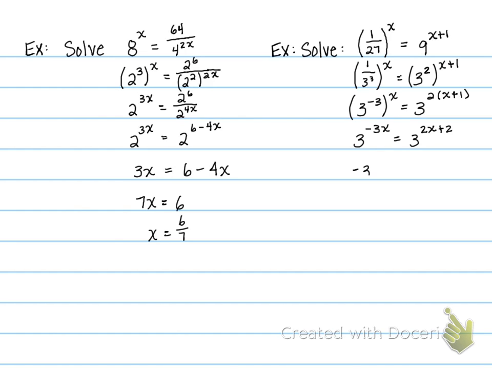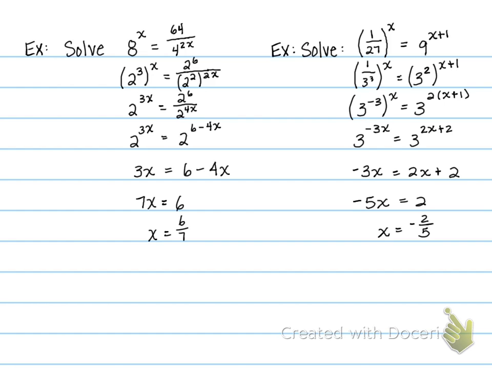And so negative 3x equals 2x plus 2. So negative 5x equals 2, and x equals negative 2/5. Any questions on that one?